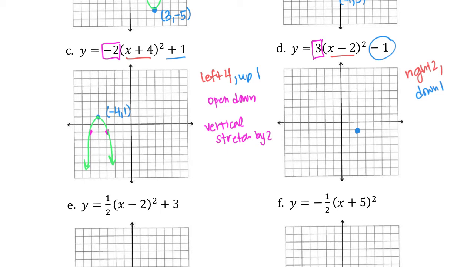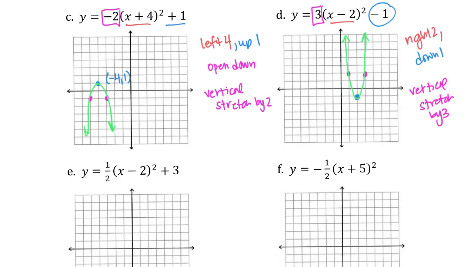So 3 is actually going to make it 3 times as tall. So this is a vertical stretch by 3, and it's a positive 3, so it's going to open up. So I'm going to go this side 1, and this time I'm going to go up 3 because it's going to go 3 times as tall as normal. And then same on the left side, left 1, up 3 because it goes 3 times as tall as normal. Okay, so this is an extra stretched out graph, which means it's extra skinny and extra tall.